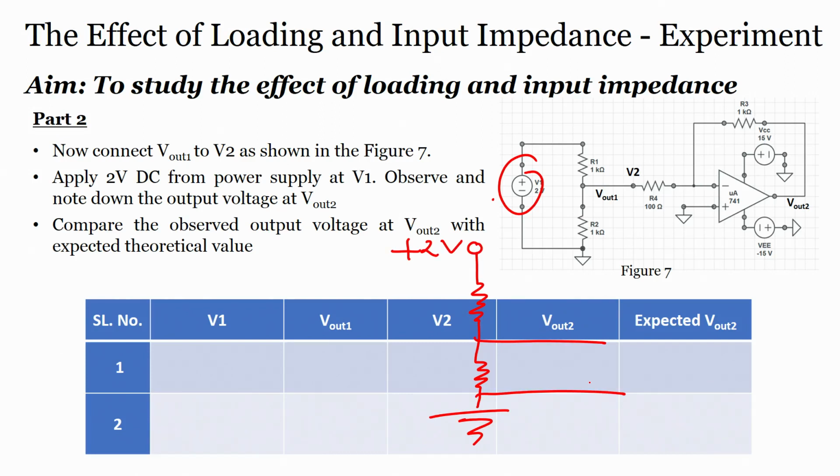So, do not get confused if you see circuits drawn like this or like that, because the plus 2 volts is with respect to ground, which is why you always see the plus and minus like this.